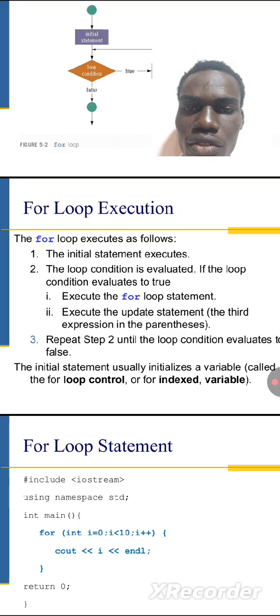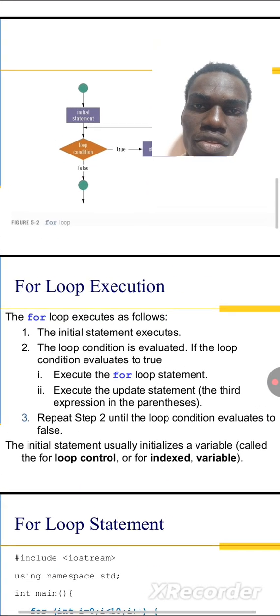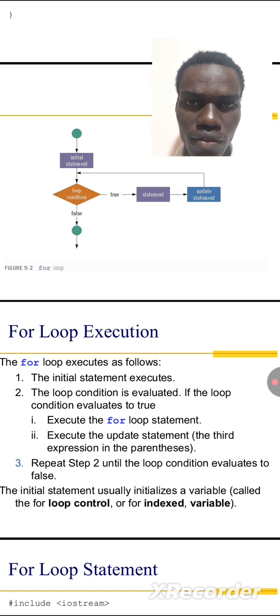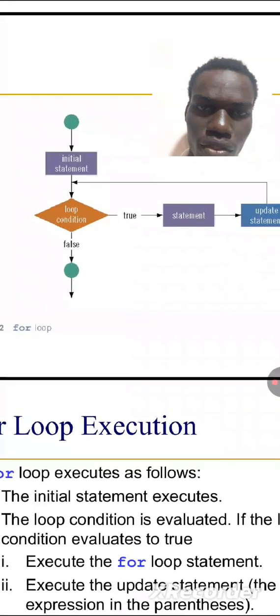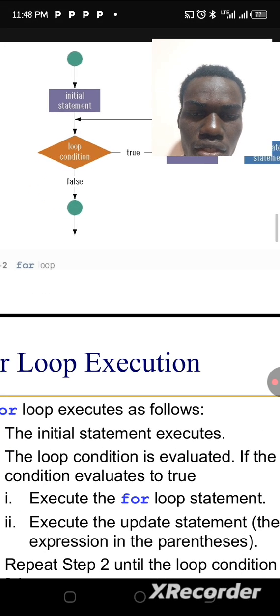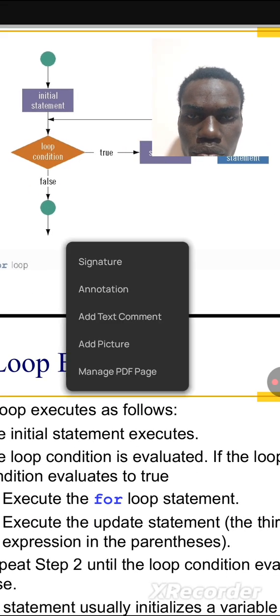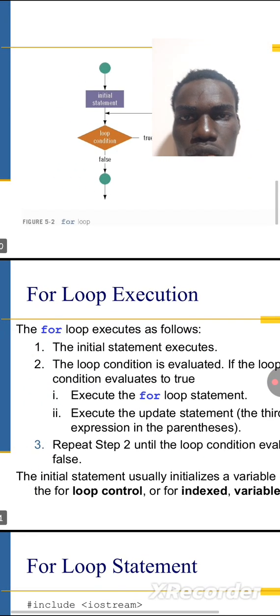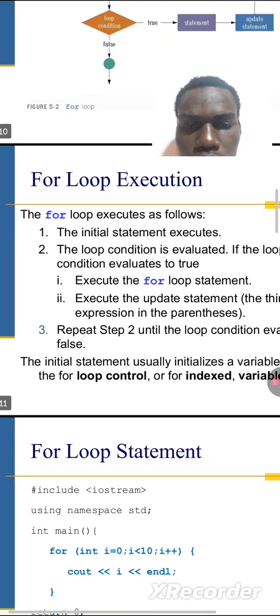If the loop condition evaluates to true, they execute the for loop statement. Then they execute the update statement. So if the condition is true, it will execute the loop statement, and also execute the update statement, and then it will take you back to the condition.